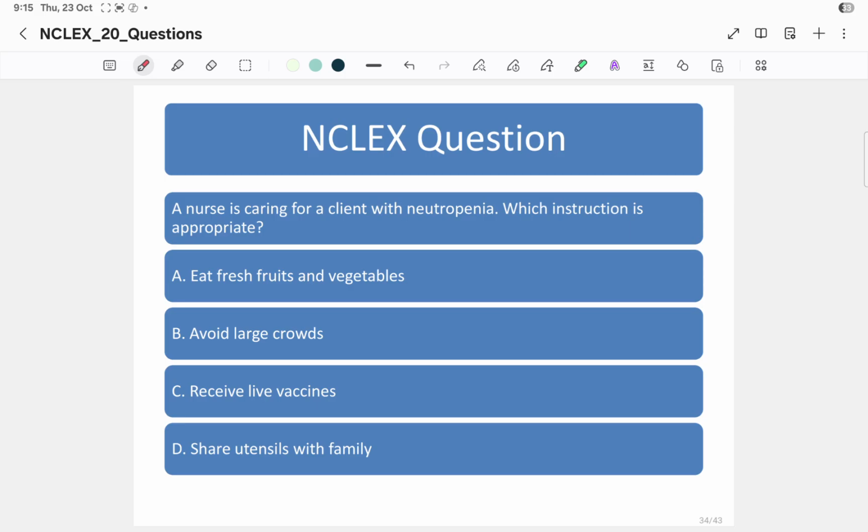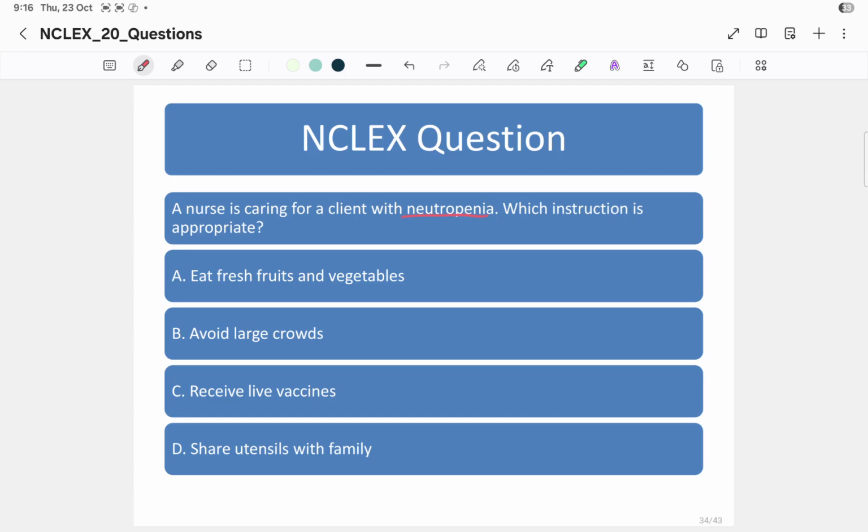So what is the question? A nurse is caring for a client with neutropenia. Neutrophil is a type of white blood cell, and neutropenia means low neutrophil level. Which instruction is appropriate? So white blood cells protect us from infection, right? Or they help us to fight infection. So when we have a low level of WBC, or neutropenia, the patient is more vulnerable to infections.